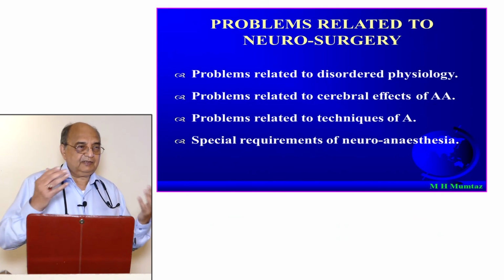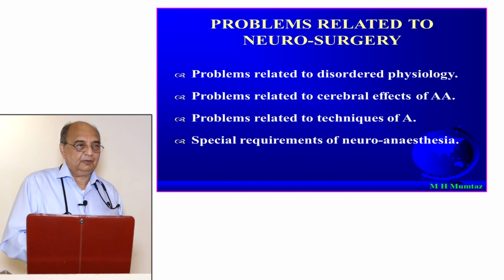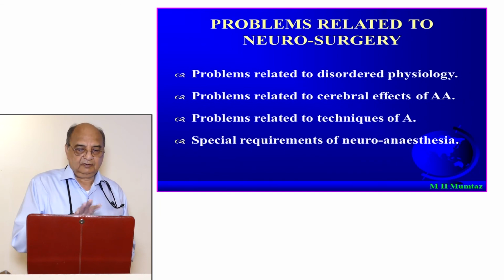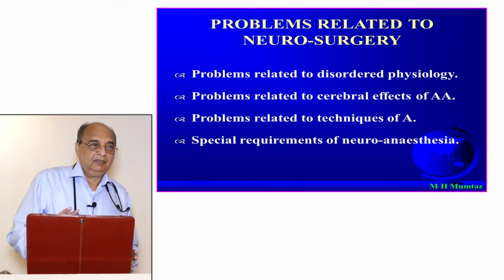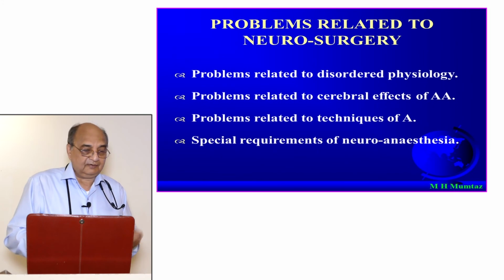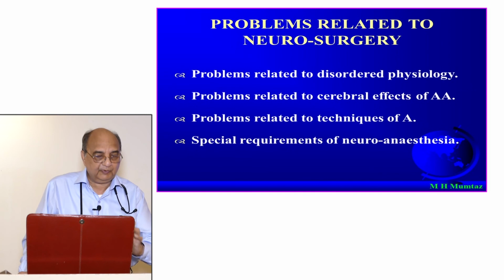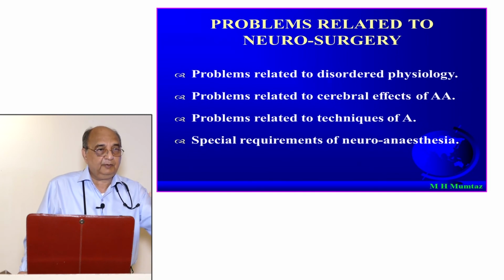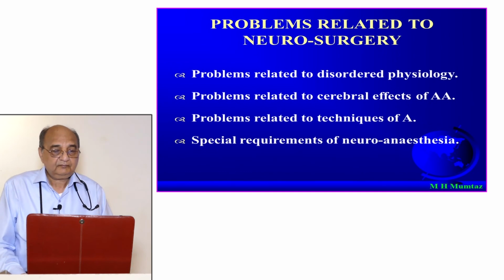If they ask you in the exam about neurosurgical anesthesia, describe it in this way, and the examiner will automatically know whether you understand the subject. There's no point in listing small points, but if you tell it group-wise, the examiner will immediately recognize that you understand the subject.